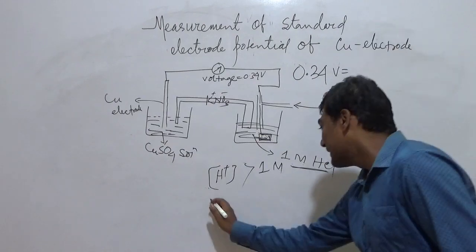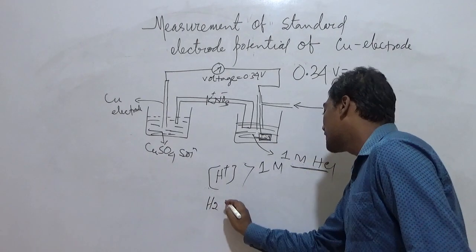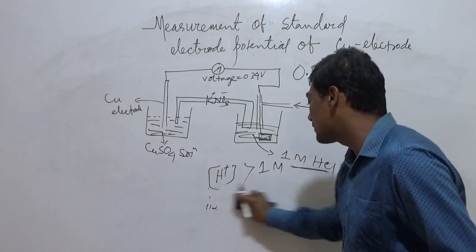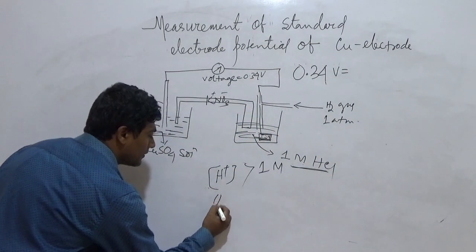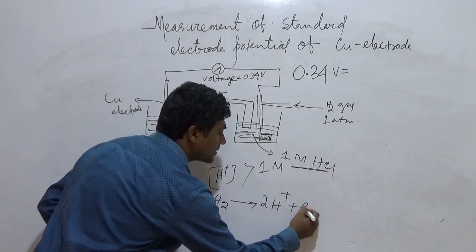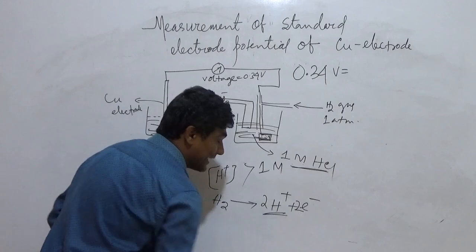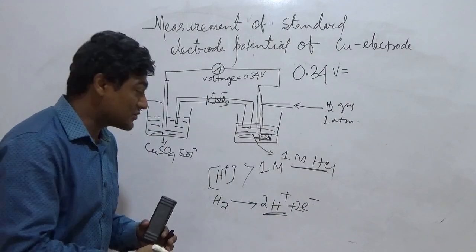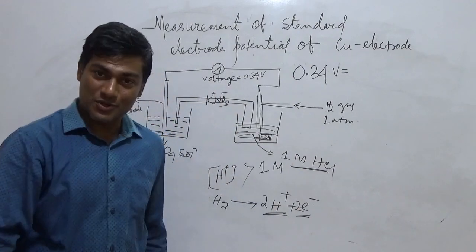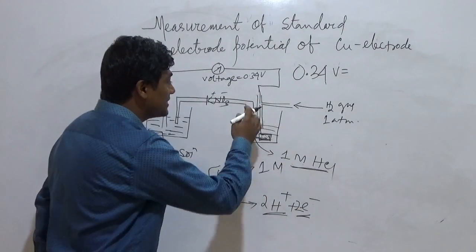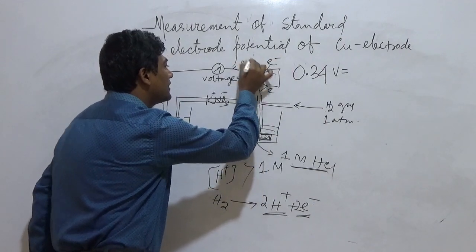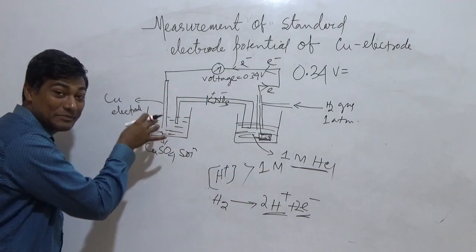So that hydrogen gas is now decomposing to give 2H plus plus 2e minus. In this manner, hydrogen ions are produced, and electrons are produced. If electrons are produced here, they flow through the wire and are received here.